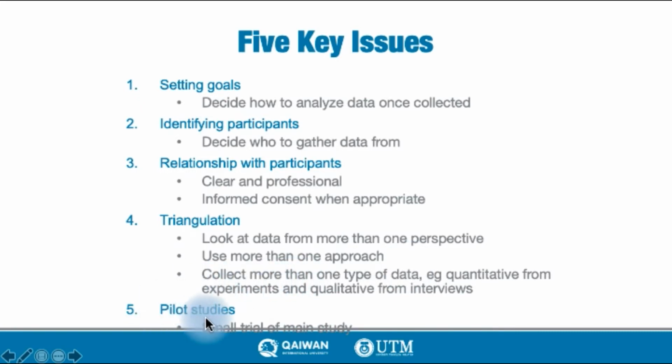And then number five is the pilot study. Usually the pilot study is done in the first stage when you come out with the product and you don't want to test it on the whole population, so you just choose from the population, like 10% or 20%, and you ask them to give you requirements and to evaluate your product.